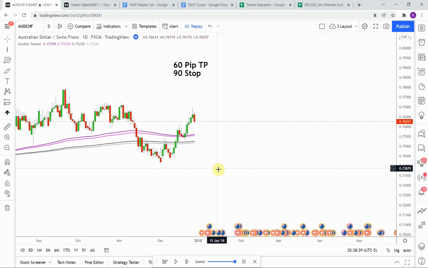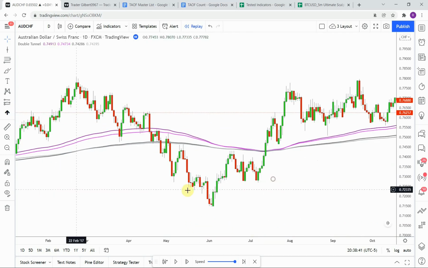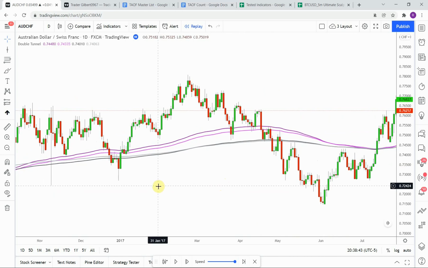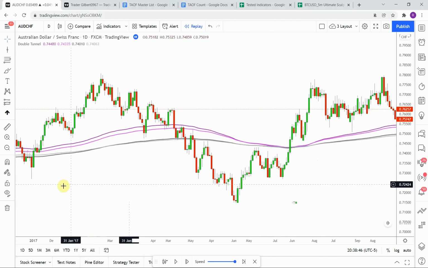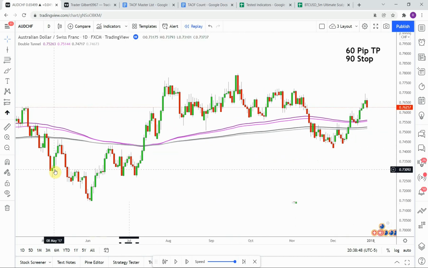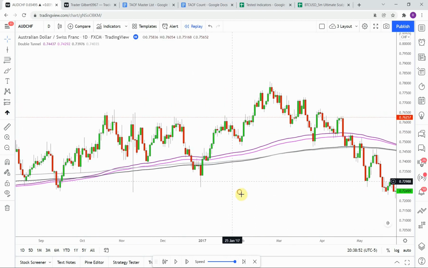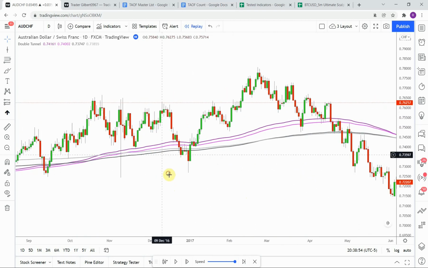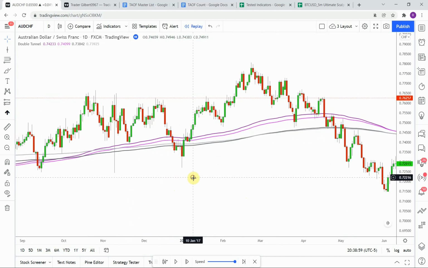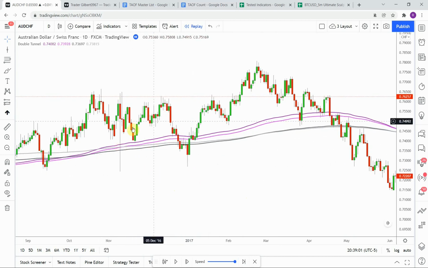So what we're looking for first and foremost is, let's just do a traditional style moving average cross. When both the purple moving averages cross up above the gray and black, then we will go long.